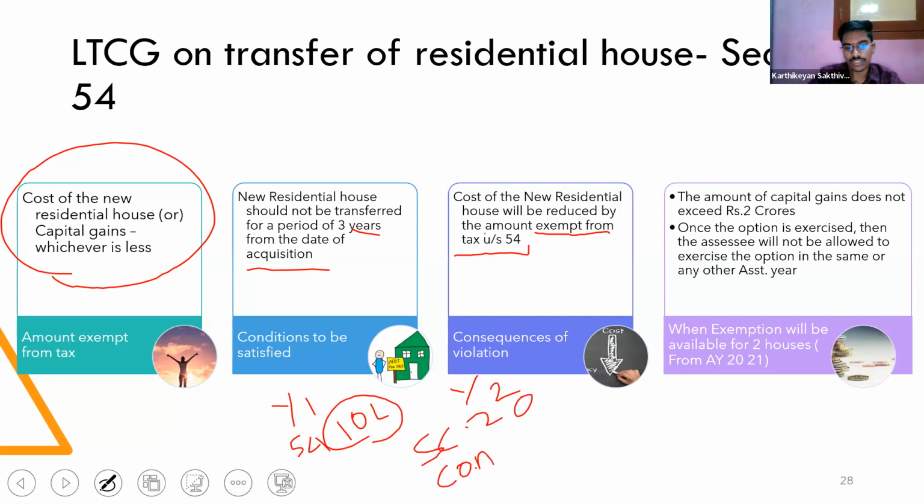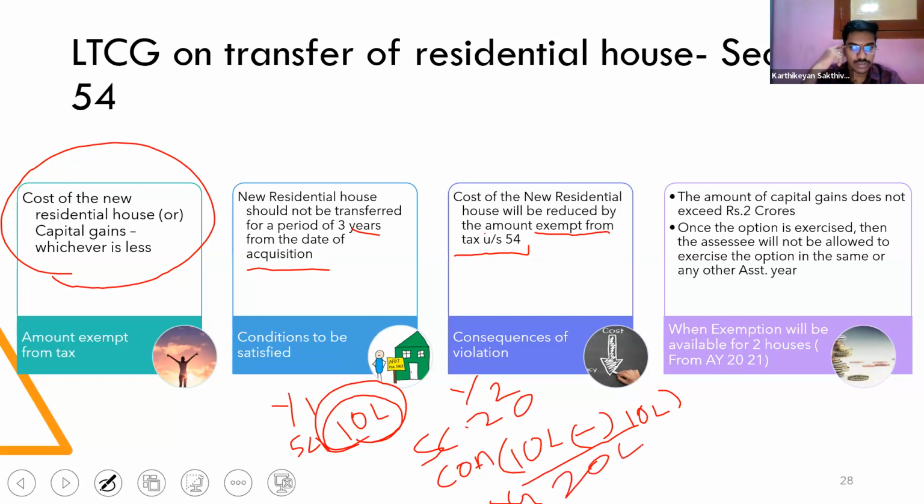Cost of acquisition, you have purchased it for 10 lakhs, right? So again, your cost of new residential house will be reduced by the amount which is exempt under section 54. Already you have claimed exemption of 10 lakhs. So basically, your capital gains of the second property will be 20 lakhs.